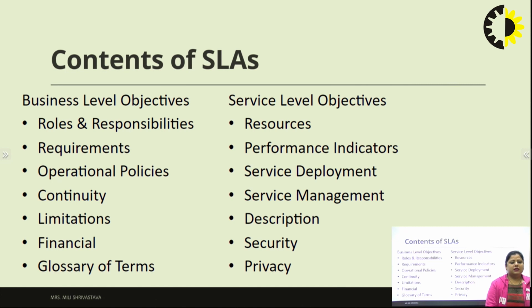So, these are the contents of service level architectures. Business level objectives: what are the roles and responsibilities, requirements, operational policies, continuity, limitations, financial, glossary of terms. Whenever we start a business, what are the responsibilities?